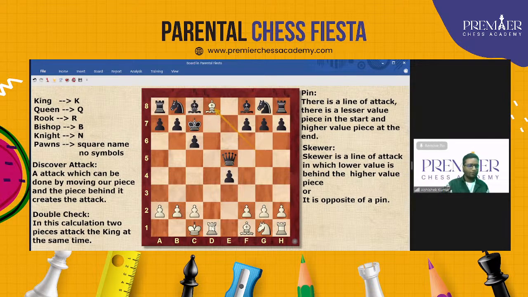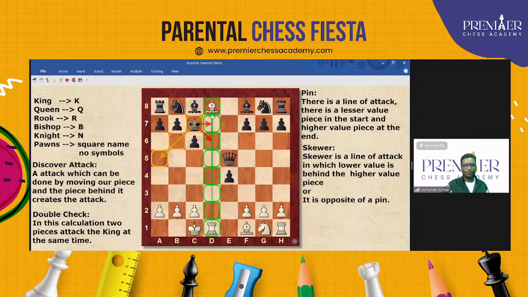Number one thing to notice is this bishop is attacking the king on this diagonal. Can the king capture this bishop? The answer is no. Why? Because the rook is protecting the bishop. Number two, the king can't run to d7 or d6, because the rook is attacking the entire d file.